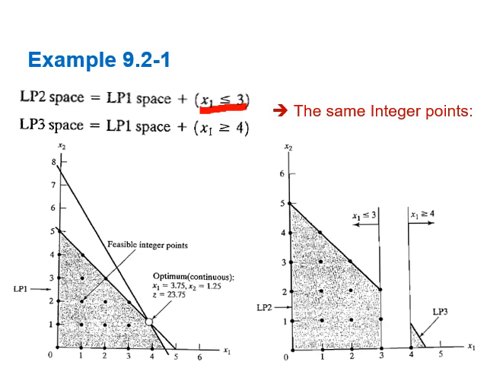If we include x1 greater than or equal to 4, we get this right-hand side, and we ignore all the points in this region, and you see there are no integer solutions in this region. All the integer solutions are either in LP2 or in LP3, either on this left-hand side or on this right-hand side, and we will try to find the best of these.